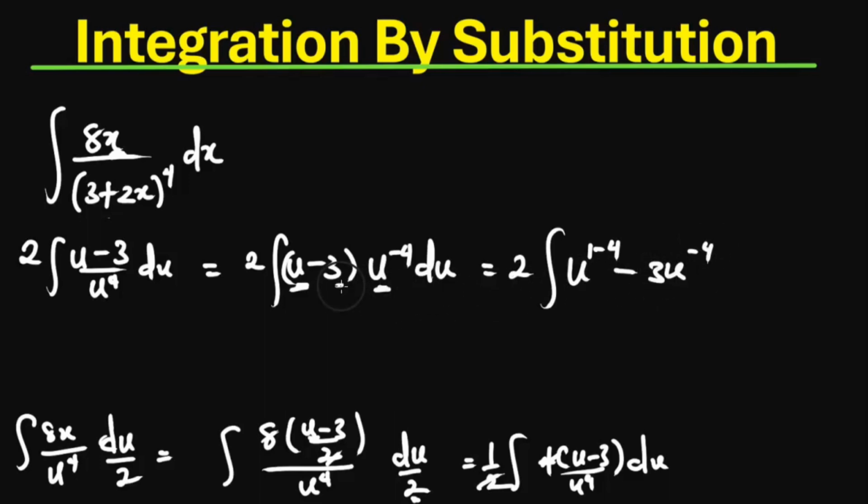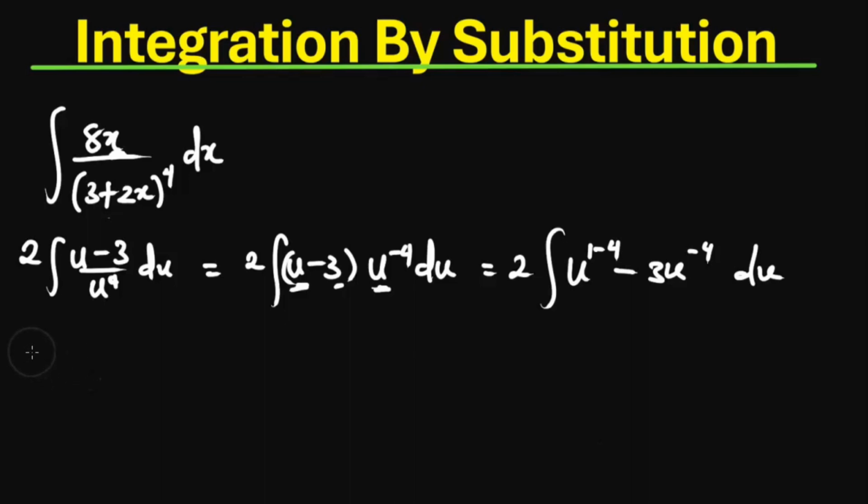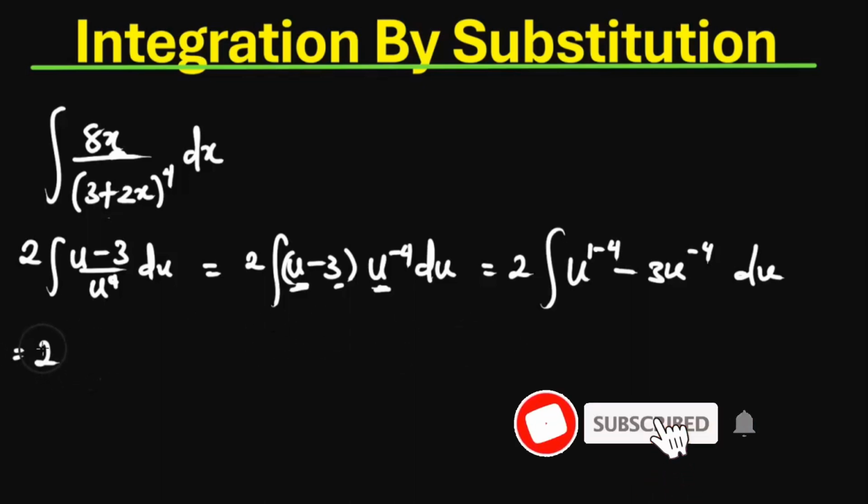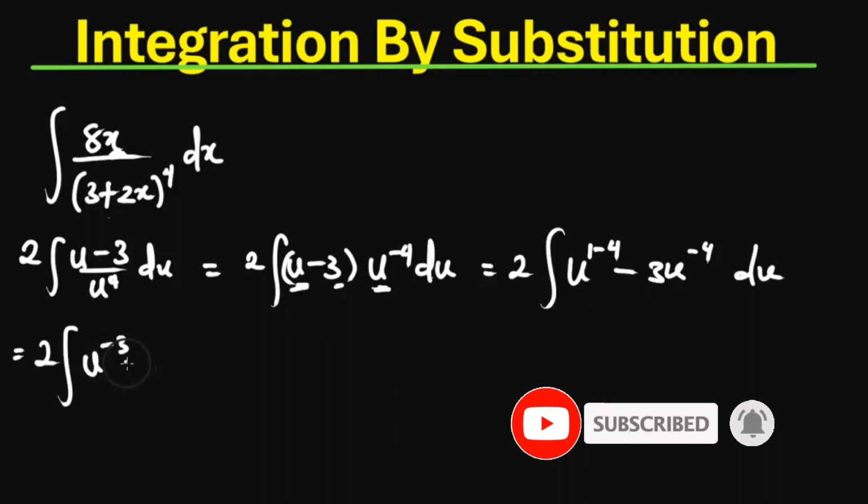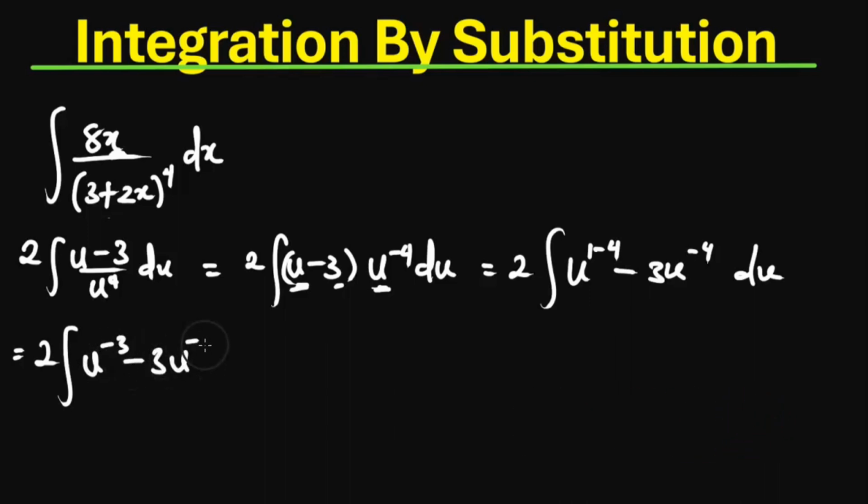Just this guy, 3 multiplied by u to the power minus 4. And then this is all with respect to u, right? So moving forward, we can say this is equal to 2 times the integral of u raised to the power minus 3 minus 3u raised to the power minus 4, right, du.